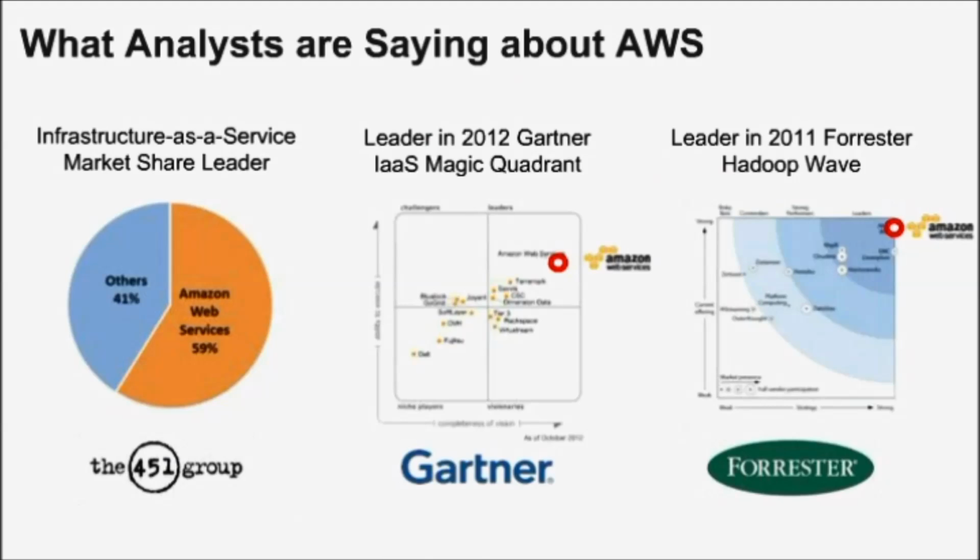This is the 2012 version here, but if you look at the 2011 version versus the 2012 version, it's basically the same players within that chart. But what you'll see is that Amazon Web Services actually extends the distance between where it is in that Magic Quadrant and the grouping of the others that are more towards the center. So we're not only in that Magic Quadrant, but we're pulling away in many cases.